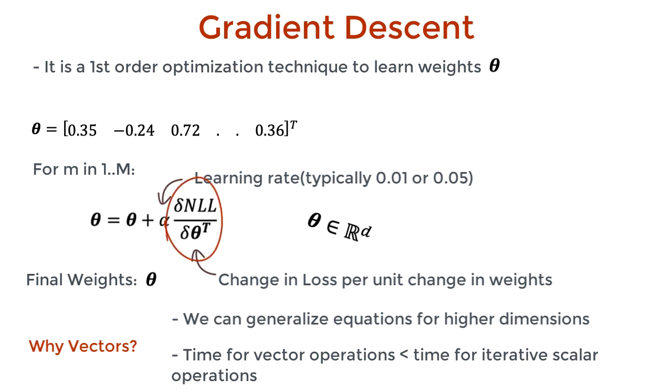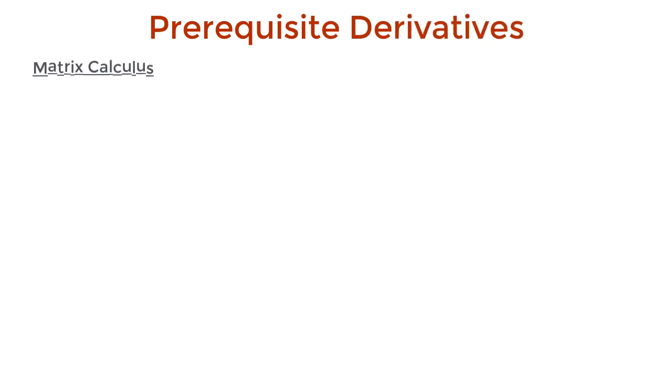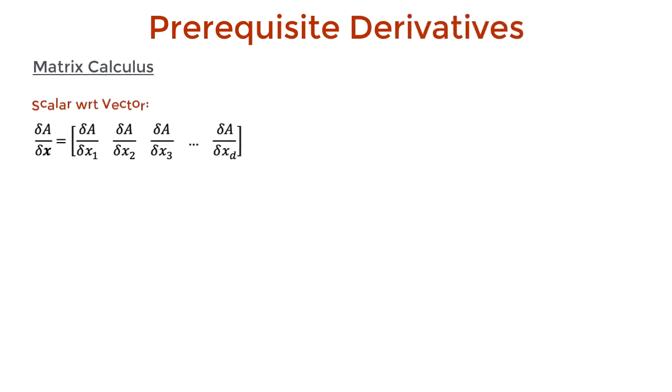Before we determine the derivative of the loss with respect to theta, let's go over some basic rules of differentiation for matrices. Matrix calculus. So let's start with the derivative of a scalar with respect to a column vector, x. It becomes a row vector of derivatives of the scalar a with respect to every element in the vector x.